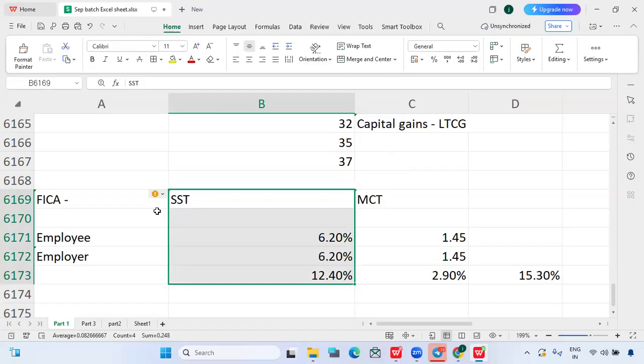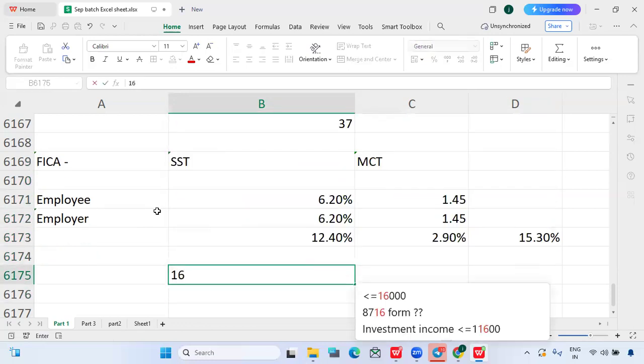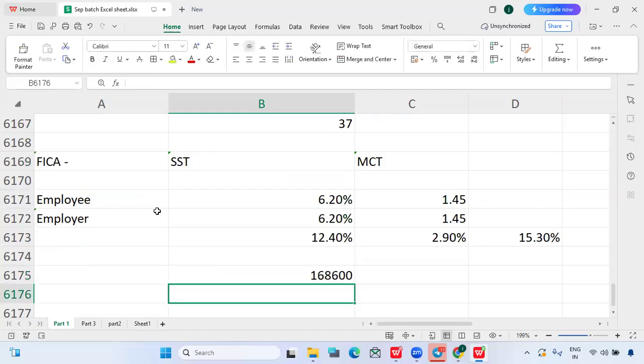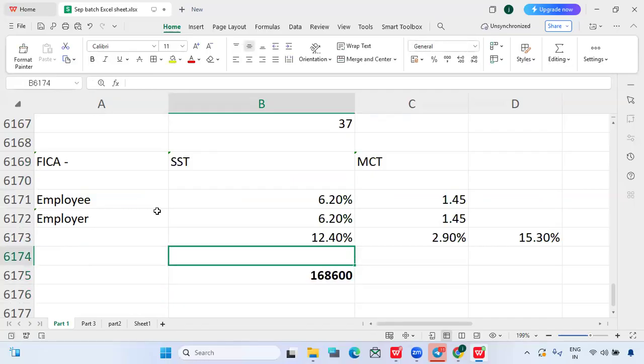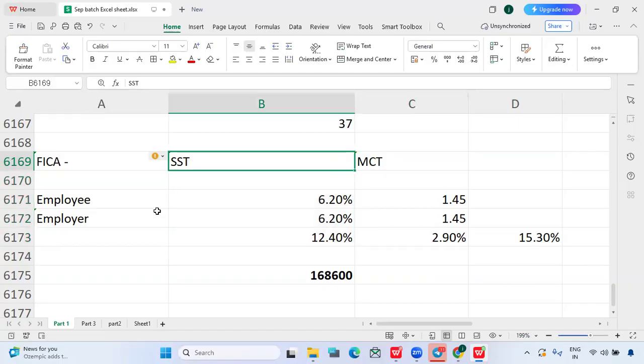How much is the cap limit for social security? 168,600. This you must remember, 168,600. That means if the taxpayer's income exceeds 168,600, do we need to pay social security taxes on the excess amount? No. Up to 168,600 we definitely have to pay social security taxes, but more than this, not at all required.